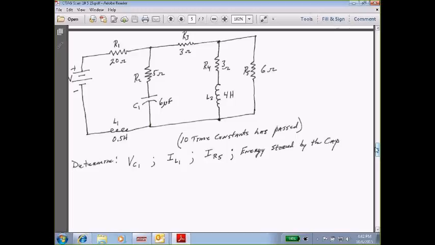Okay, the time constant, if you recall from when we were talking about capacitance, is the resistance in the loop times the capacitance value. That's the length of a time constant, and it charges as an exponential function, which is like 63.2% in the first time constant, and it keeps going up exponentially.